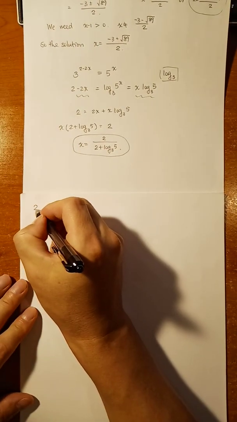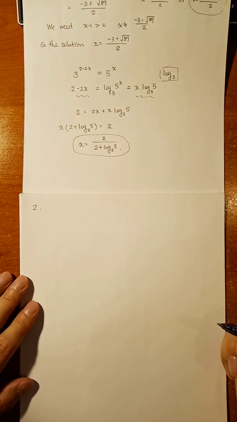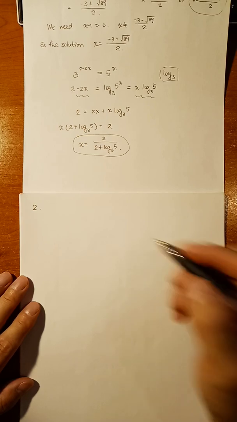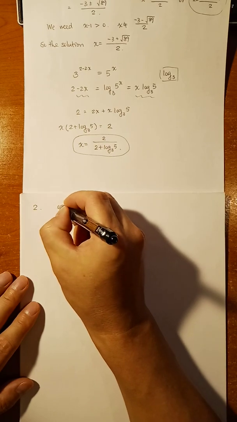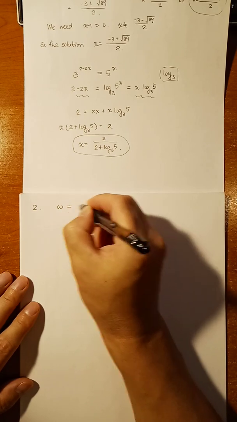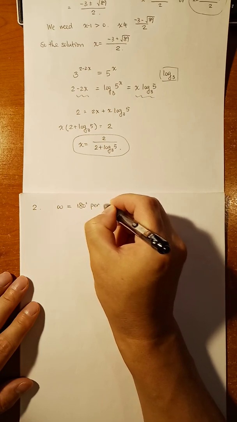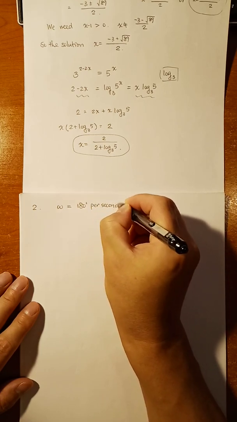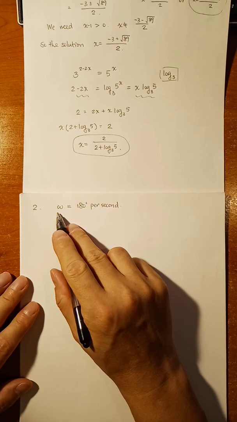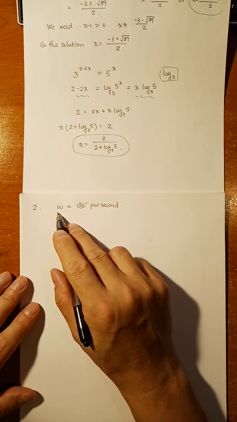Second problem, it is similar to the practice. A child is spinning a rock at the end of a 2-foot rope at the rate of 180 degrees per second. So the angle speed is equal to 180 degrees per second. If we only use the angle speed, that's fine.